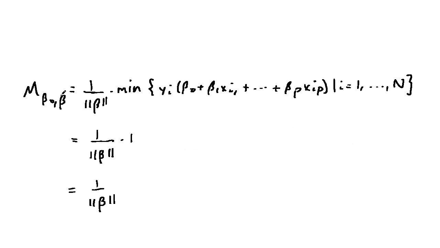Note that m sub beta naught beta equals 1 over the norm of beta times the minimum of this, and that's equal to 1, so we just get 1 over the norm of beta.